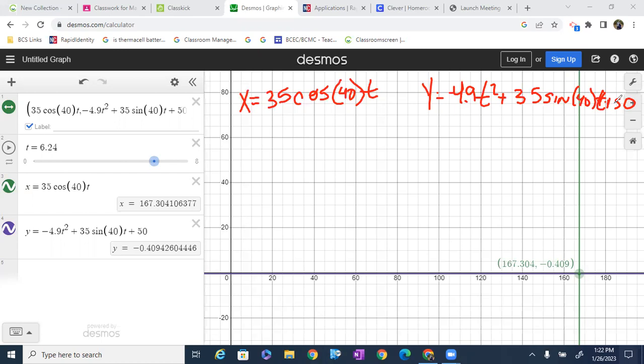So what we're going to do is solve for t in the most simple equation we have. Well, what's the most simple equation that we have? It's our x equation. So I'm going to solve for t, which means I'm just going to divide by 35 cosine of 40 on both sides.